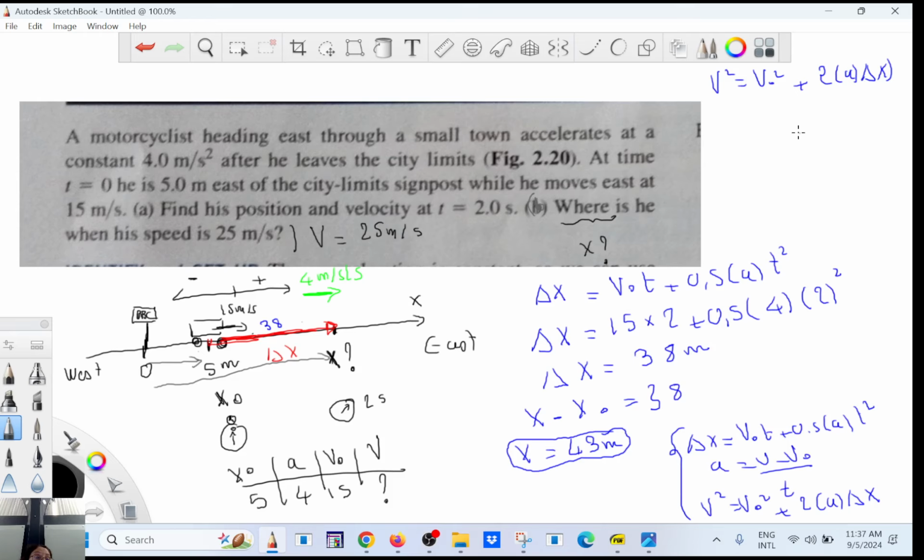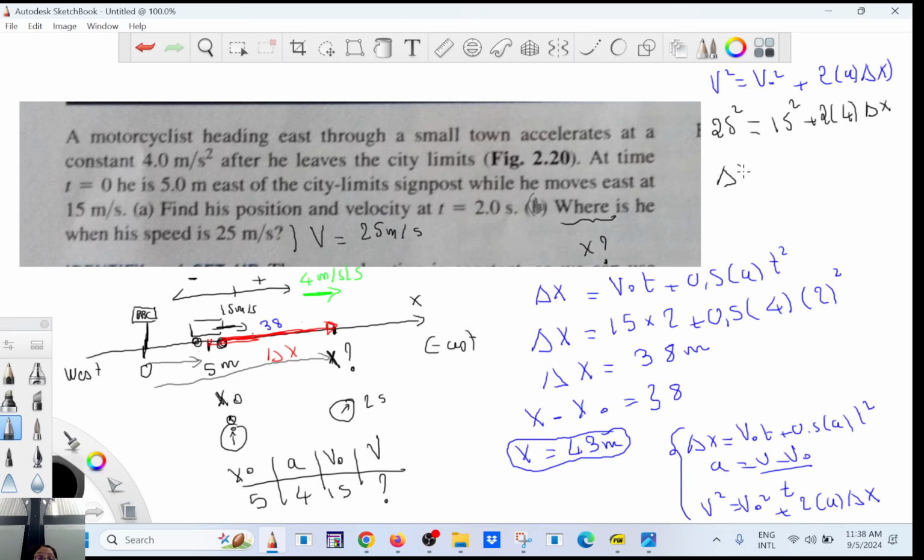Are you doing it? Don't stare, okay? You're doing it. So final velocity is what? 25 squared equals initial velocity 15 squared plus 2 times 4 times delta x, which is the displacement, right?